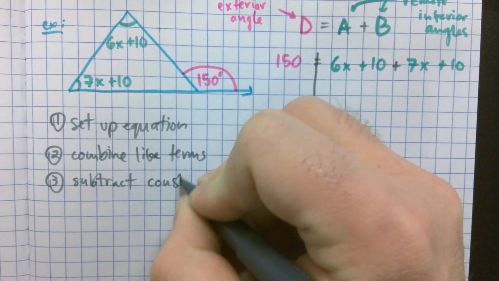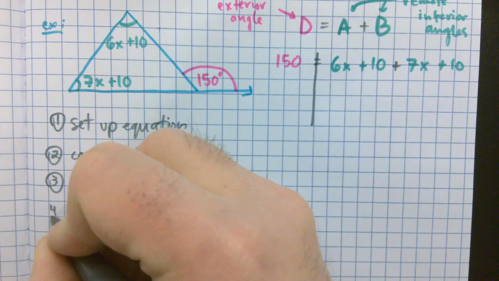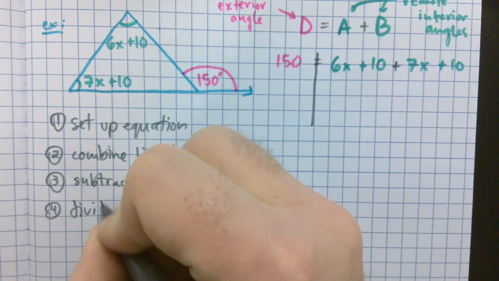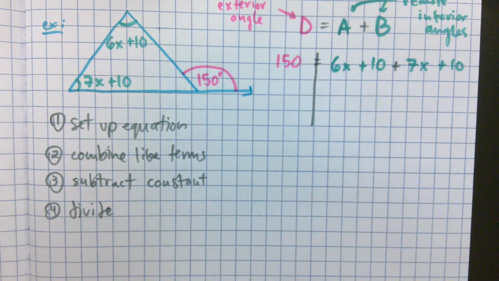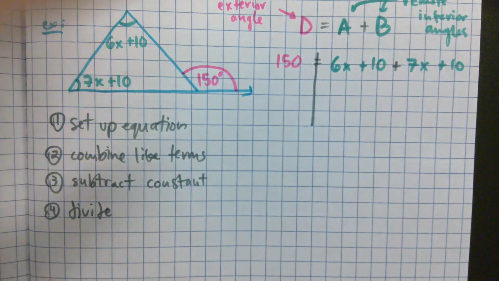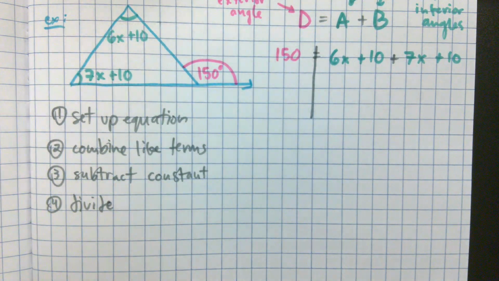Subtract your constant and divide. It's going to be those 4 same steps pretty much every single time, in that order. I'll give you guys a moment to write that down. I know I breezed through that pretty quick, so go ahead and catch up with that.